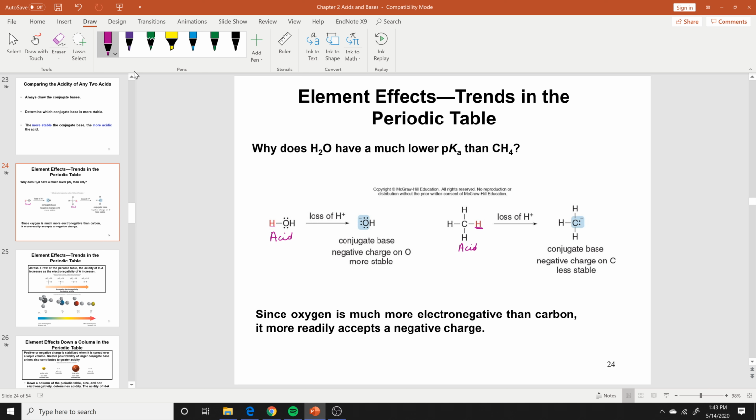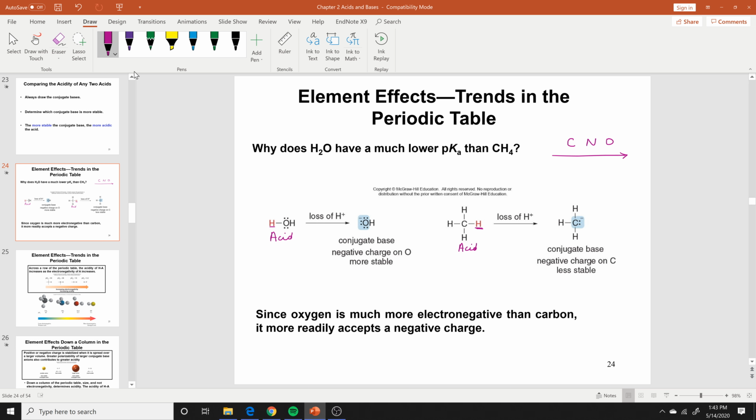Now, stability has to do with the charge on the electronegative atom. If you have a negative charge, the negative charge normally prefers to be on an electronegative atom rather than on carbon. If you take a look at the trend of electronegativity in the periodic table, you have carbon, nitrogen, and oxygen in period number 2. Electronegativity increases from left to right in a period.